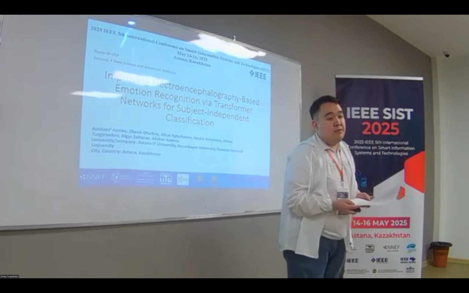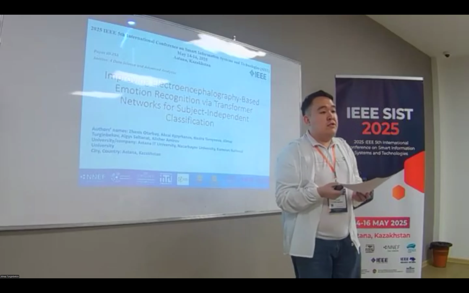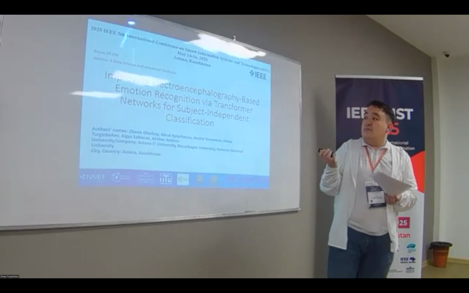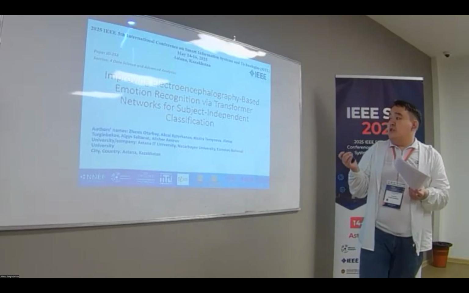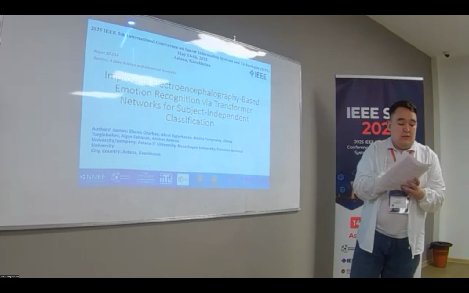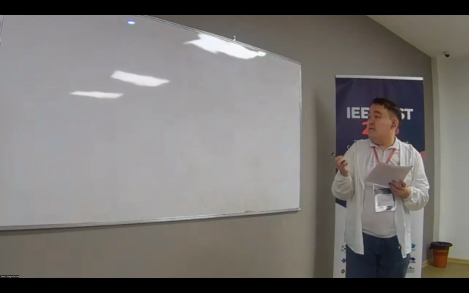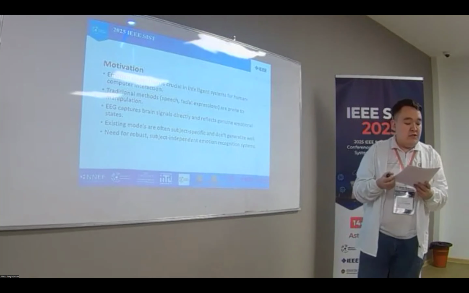Good afternoon, dear participants of the conference. My name is Almas, and I will present our work about improving EEG-based emotion recognition by using transformer methods for subject-independent classification. Let's start from motivation.